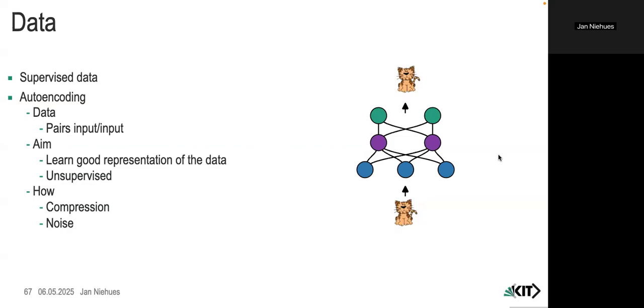The other case is you can add noise, so you can disturb your input and train it then to reconstruct it. Then you hopefully also learn a representation that is robust against some noise, and this might be helpful. This then already goes very much into the direction of self-supervised learning, where you somehow change your input and predict maybe parts of your output, or you can predict everything.